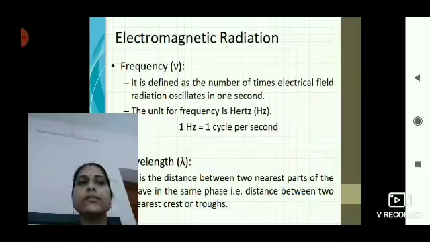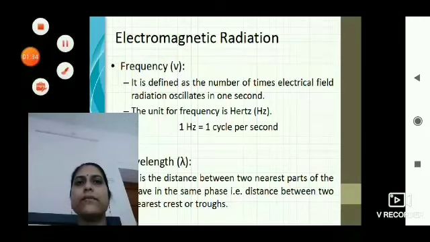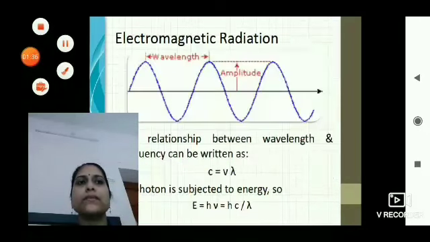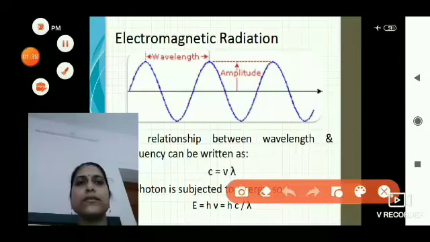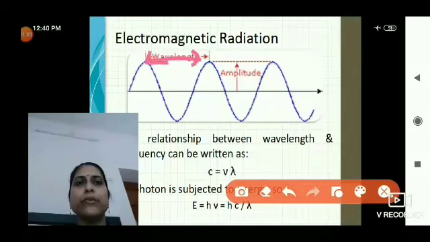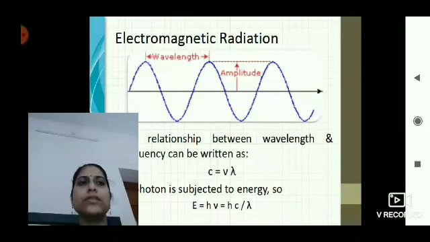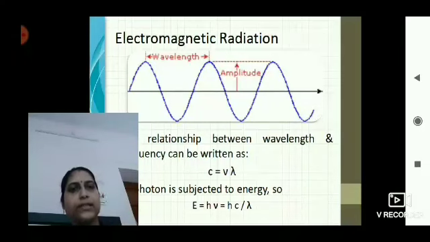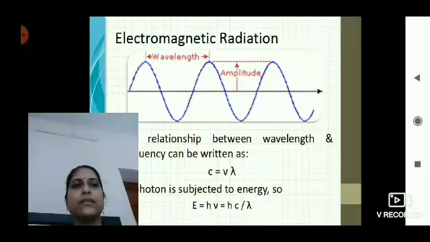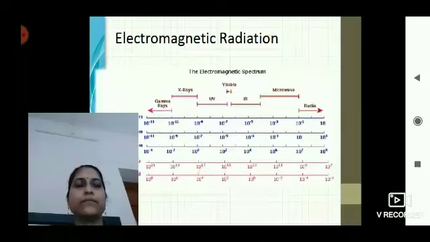Wavelength is the distance between two maxima or two minima in the wave. It is represented by lambda, and the energy of electromagnetic radiation is represented by E, which is equal to h nu, that is, hc by lambda.